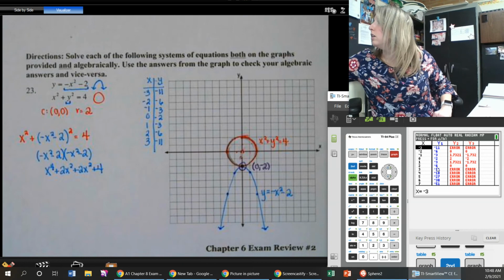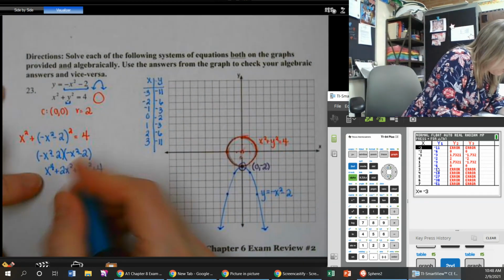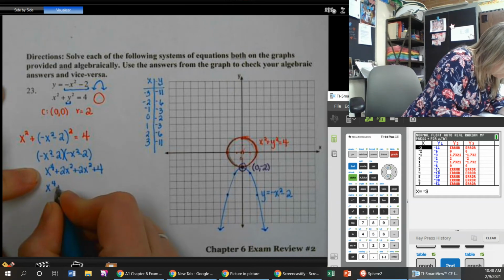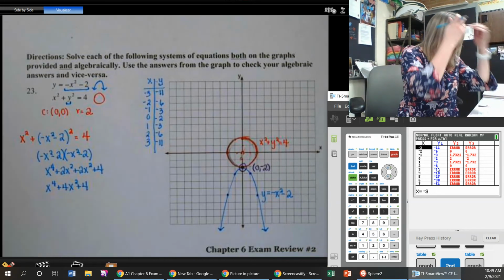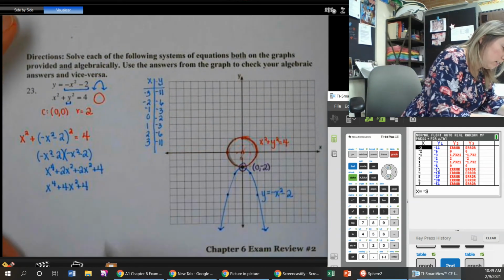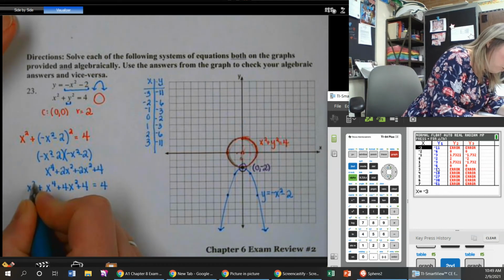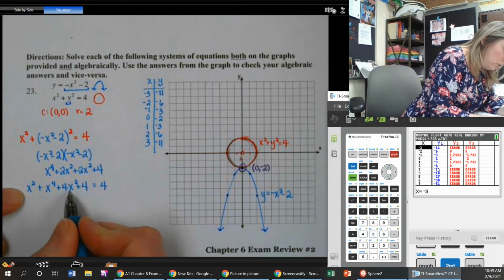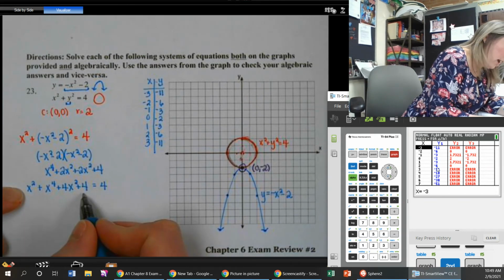And we're going to combine like terms: x to the 4th plus 4x squared plus 4. Looking good so far. And then equals 4 over here. We'll bring down this guy from before, and now we'll add those up and bring this 4 over. Let's get standard form.